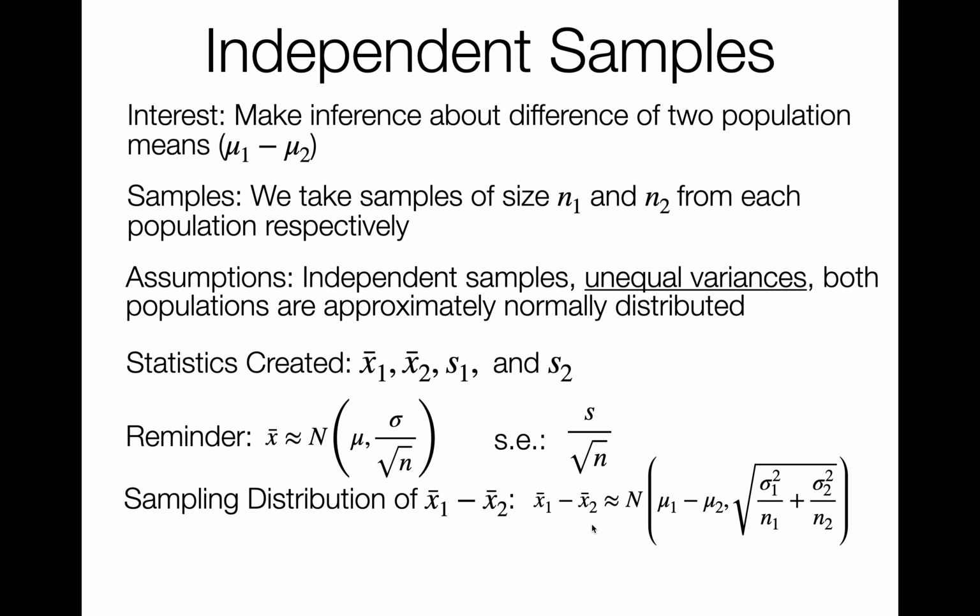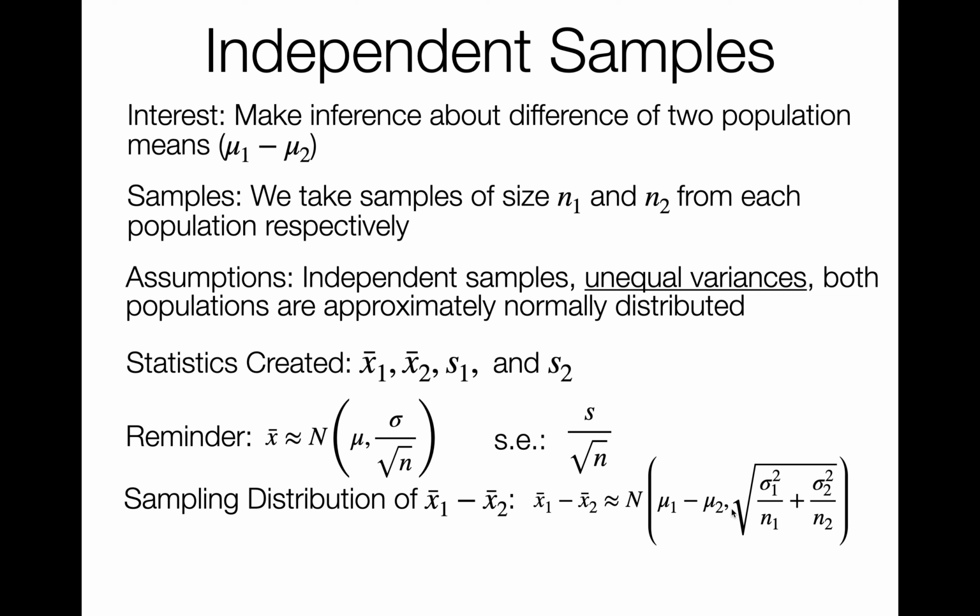because that's what we're interested in making inference on. We're interested in mu1 minus mu2, so the sample statistic that we're going to look at is x bar 1 minus x bar 2. And it turns out, which shouldn't be that surprising, that the sampling distribution of the difference is also normally distributed, where the mean is mu1 minus mu2, and the standard deviation is the square root of sigma 1 squared over n1 plus sigma 2 squared over n2.